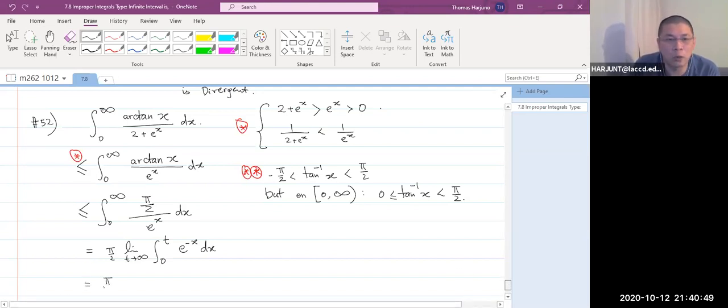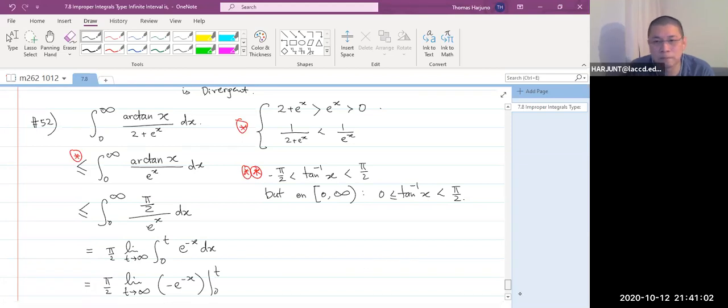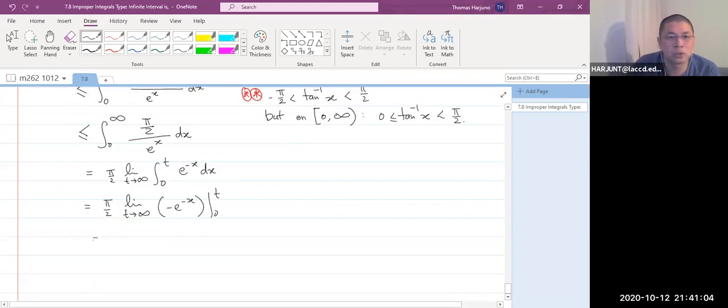That's pi over 2 times the limit as t goes to infinity of negative e to the negative x from 0 to t. So that's pi over 2 times (1 minus the limit as t goes to infinity of e to the negative t). That's pi over 2.